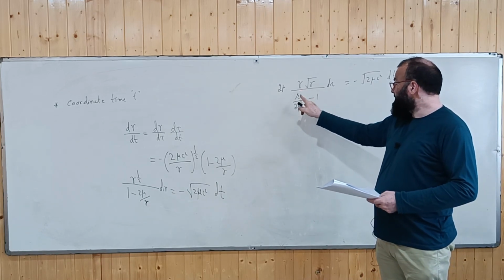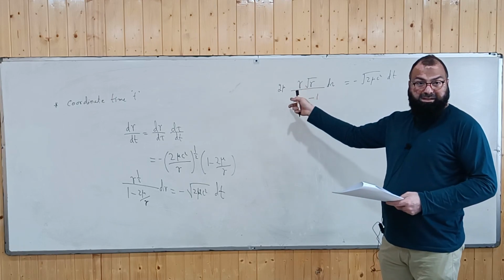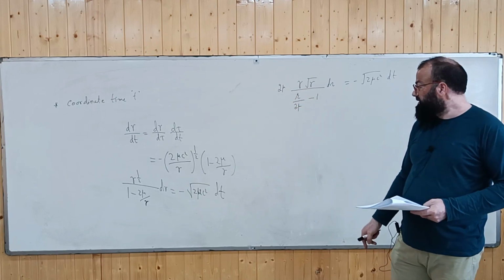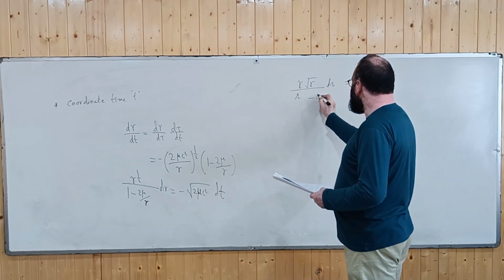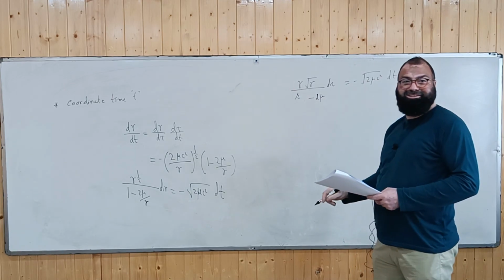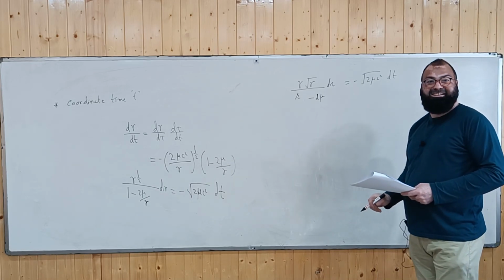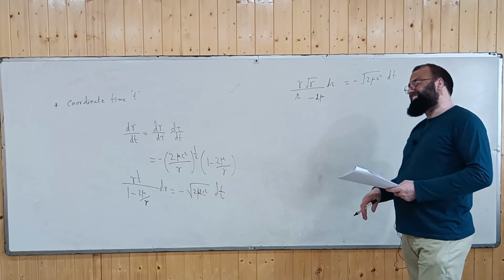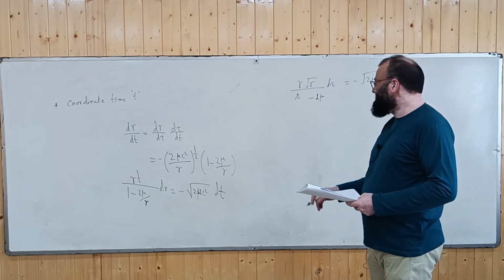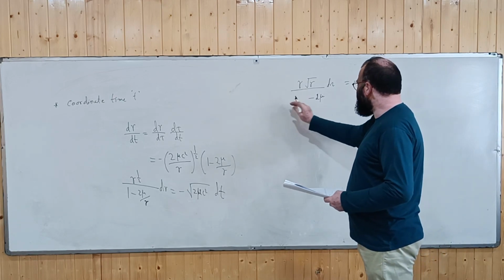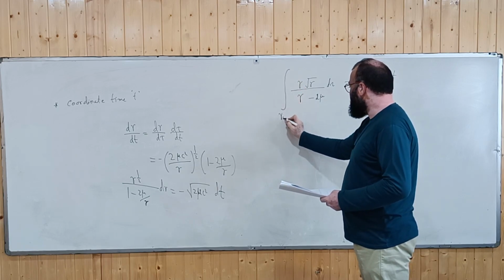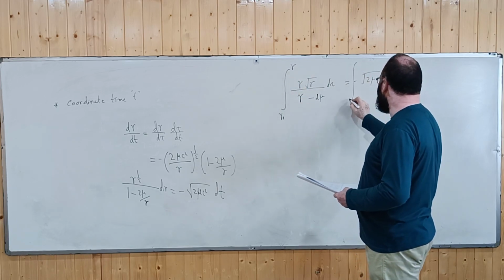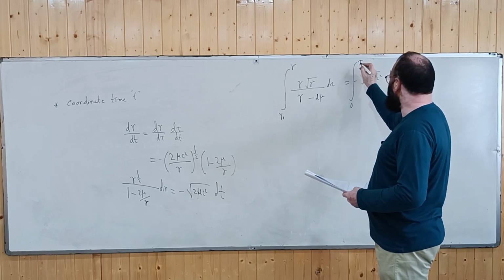So put r by twice mu minus 1 here. So this is this r. Now integrate from some r naught to r, from 0 to tau.